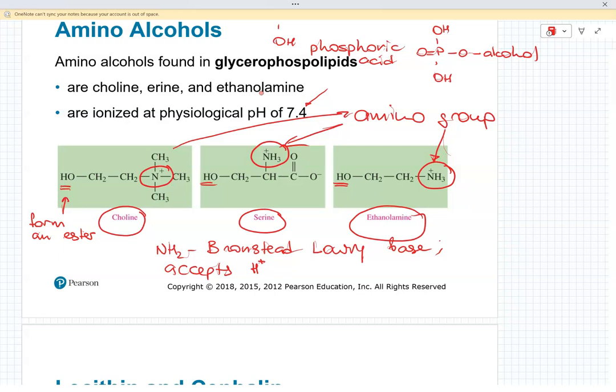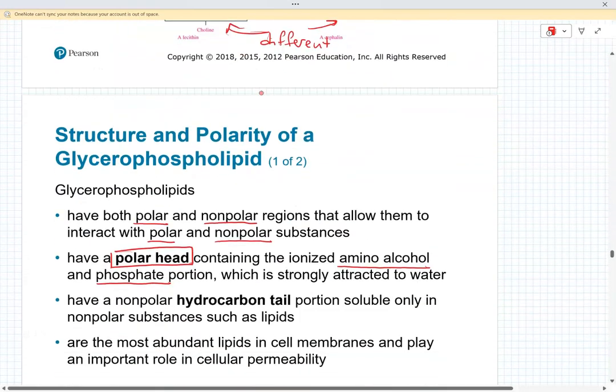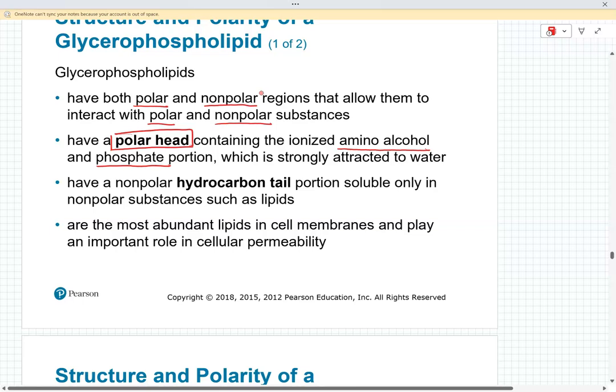So the fact that they have charged groups here, and they have highly polar OH groups, all of it explains why amino alcohol is a polar residue. Okay, does that make sense?